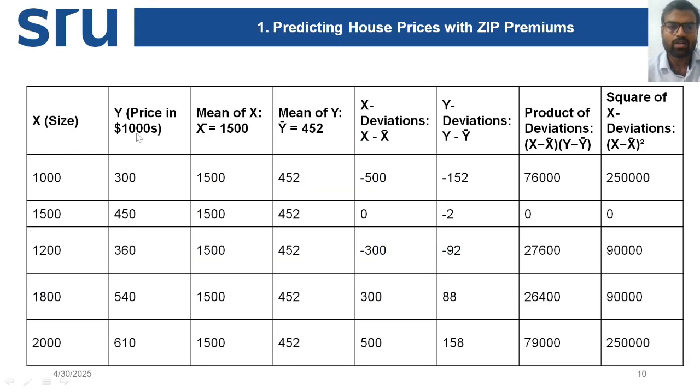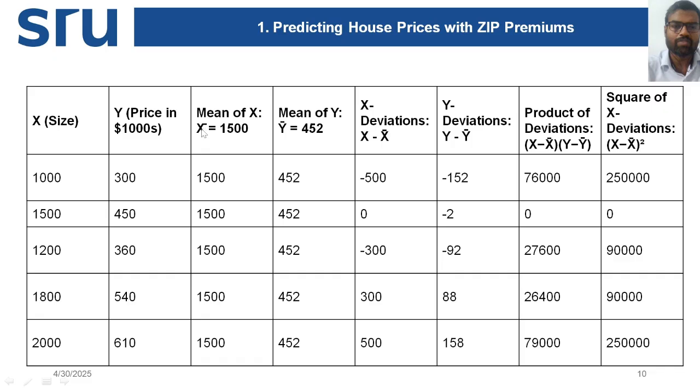So I'm just taking out the $1,000. I really want to use the numbers very simple. That's why 300, and obviously in $1,000, 450. In a shortcut way, for simplicity's sake, I'm doing it like this. Obviously, they are 300,000, but I'm just writing it like that, so after calculation it is going to be very easy.